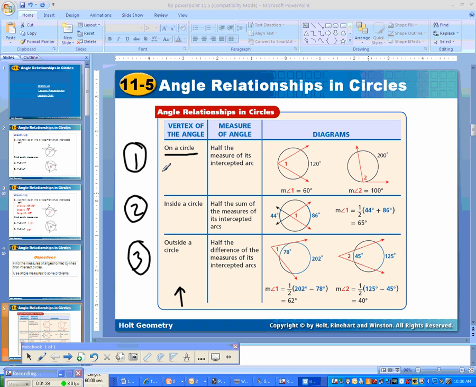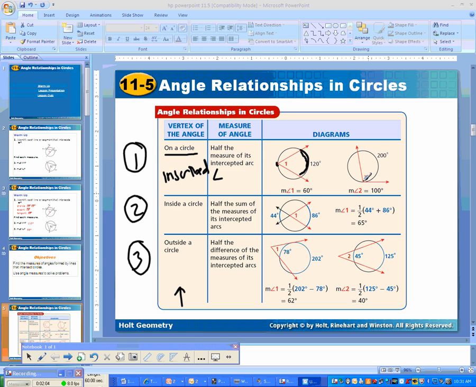We've learned already that that's also called an inscribed angle. So for example, in this picture, the vertex of angle 1 is on the circle. When that happens, we've already learned in 11.5 that if the arc it intercepts, this arc right here in between the angle, is 120, the angle is going to be half of it, so it's 60 degrees.